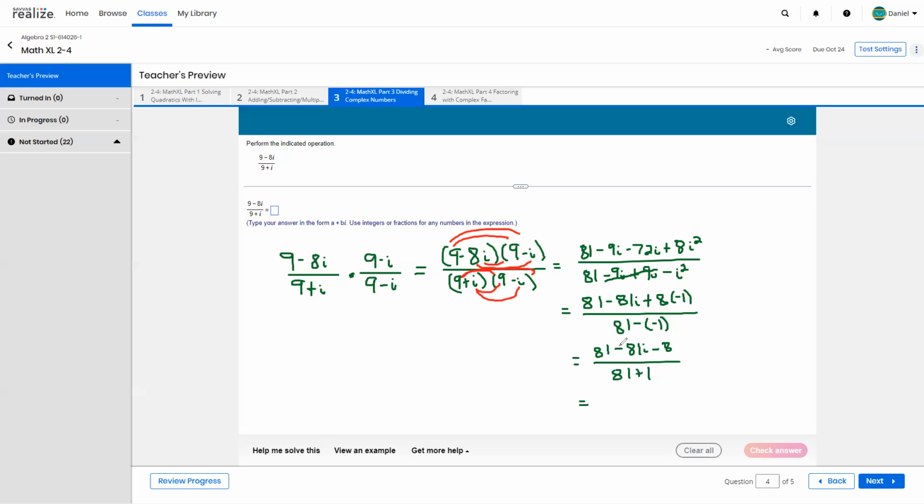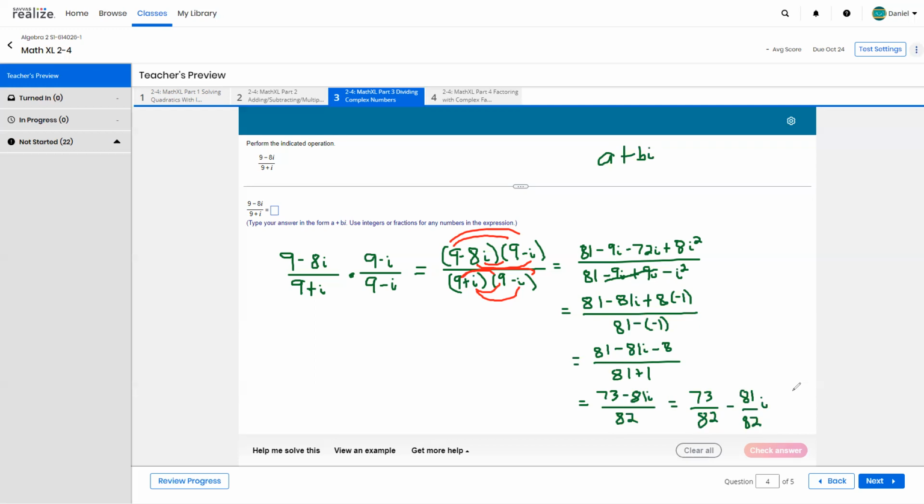So I'm going to get 81 minus 8 is 73 minus 81i divided by 82. And so to write this in the form a plus bi, we're going to do 73 over 82 minus 81 over 82 times i.